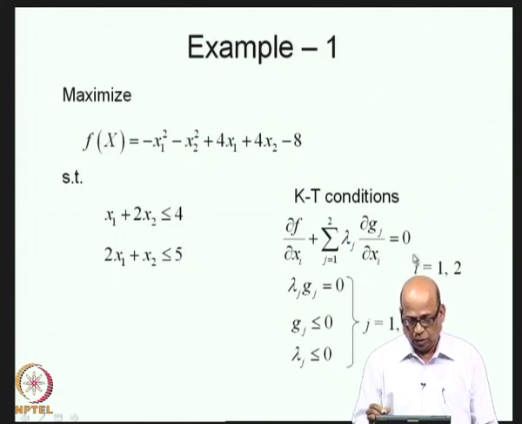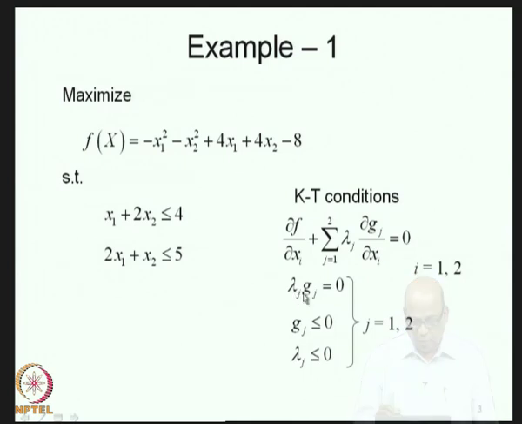So, you get two equations corresponding to this, and then lambda_j g_j is equal to 0, we write for j equal to 1 to 2, g_j less than or equal to 0, we write for j equal to 1 to 2, and lambda_j less than or equal to 0. Why less than or equal to 0 here? Because our objective function is maximization and the g_j(x) are all less than or equal to 0. So, that is why lambda_j must be less than or equal to 0.